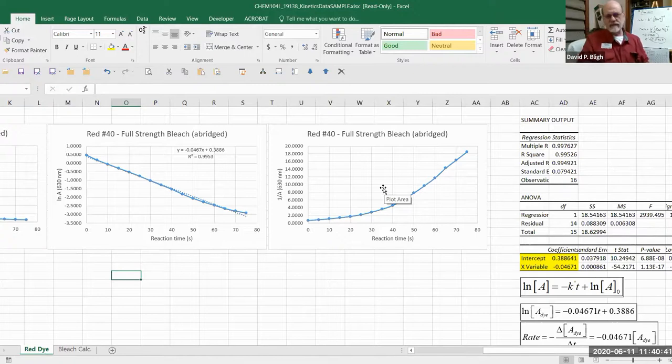Well, no, you can't see that. That's a sad state of affairs. But the K prime is there in the equation. You just have to get rid of the negative sign, and you have the K prime for full strength.